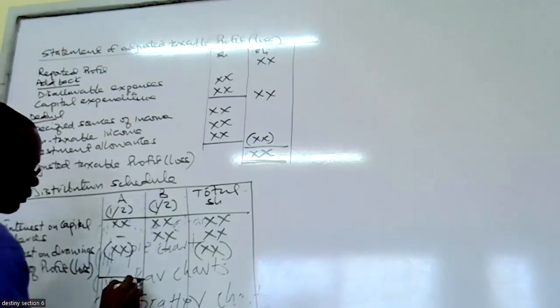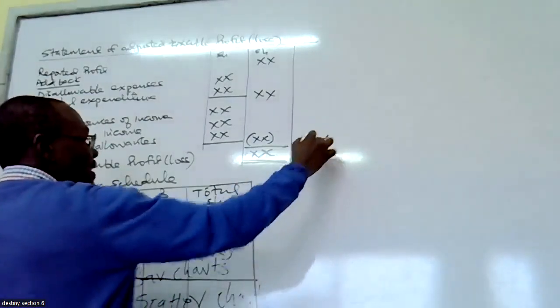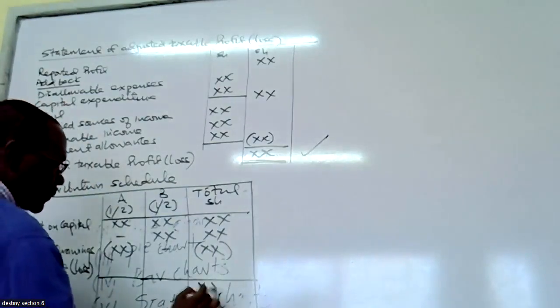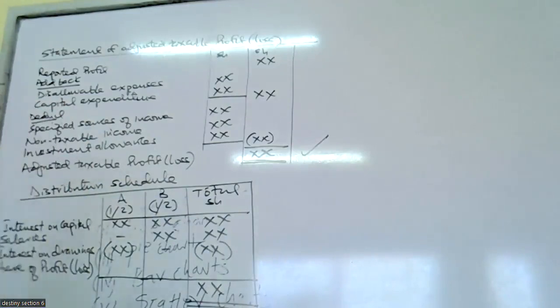So we said this one has to be computed. So we took this adjusted profit here and we drew a double line.